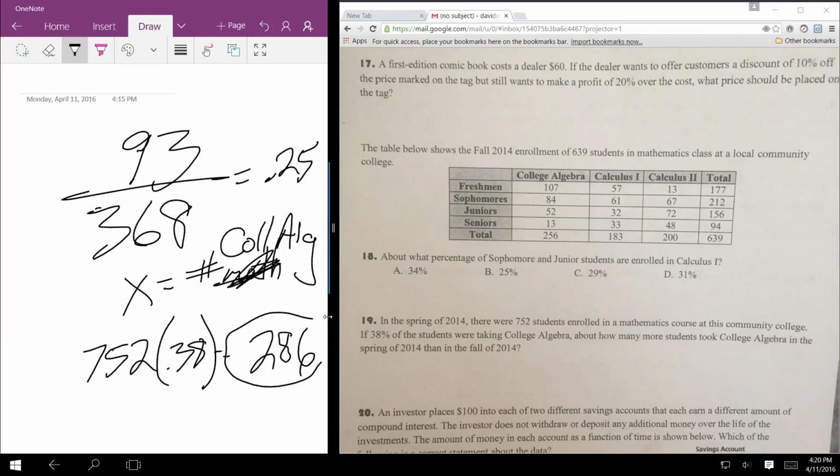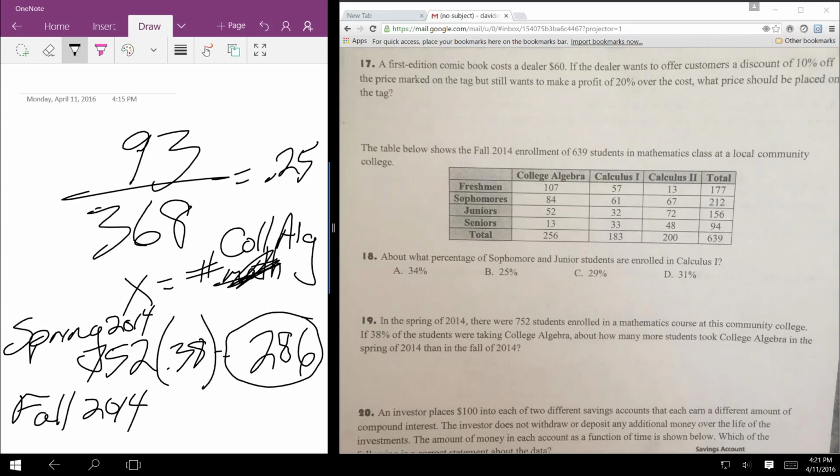of 2014. How many people were taking college algebra in the fall of 2014? Would that be everybody left over? Now, look at the table. See the college algebra? How many total are taking college algebra?